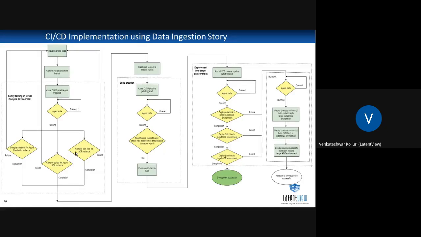Once that is through, we create a build. Here, a build is nothing but bundling all the artifacts required for doing a release. Then we trigger a release pipeline, which helps in deploying the artifacts into your target environment.